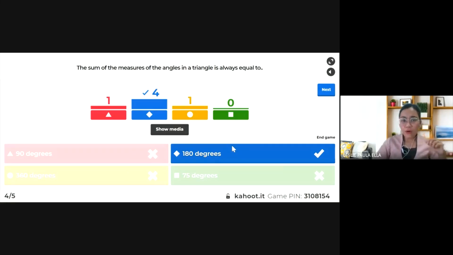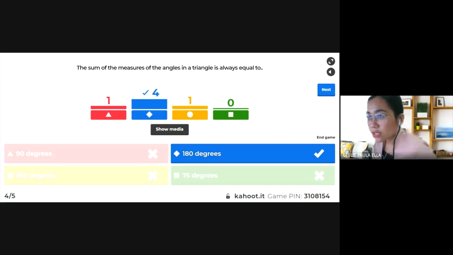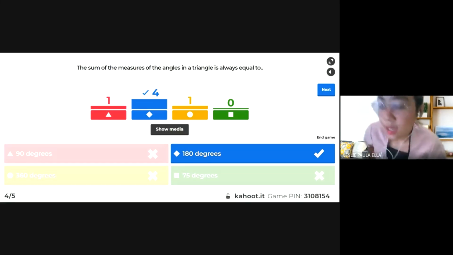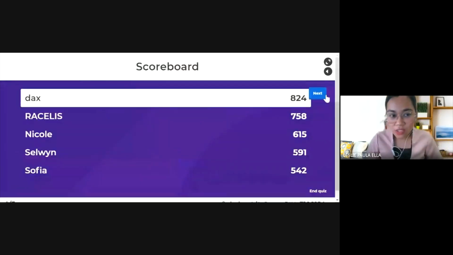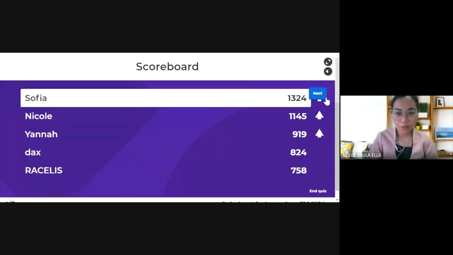Before we proceed to the final question, always remember that for you to be able to make a triangle, the triangle inequality theorem says that the two sides when added must be greater than the third side, right? Last question. Sophia is leading now.